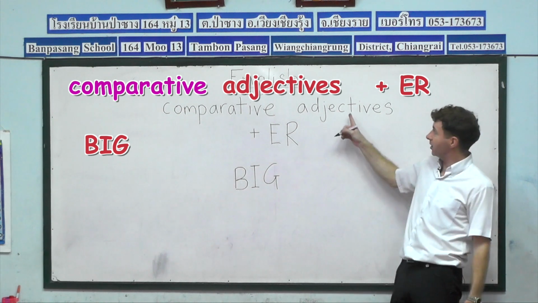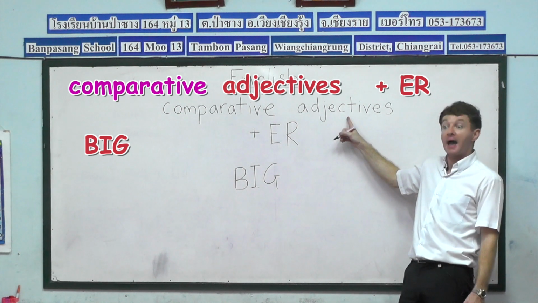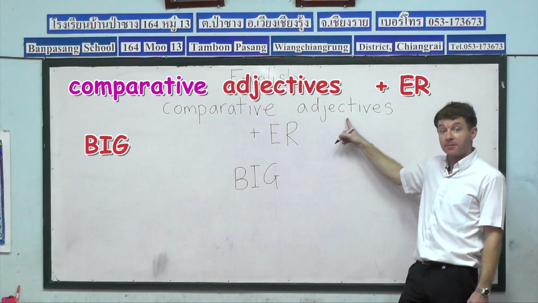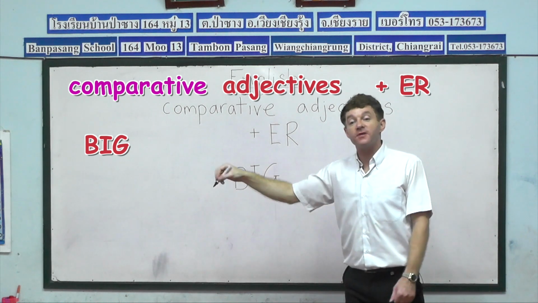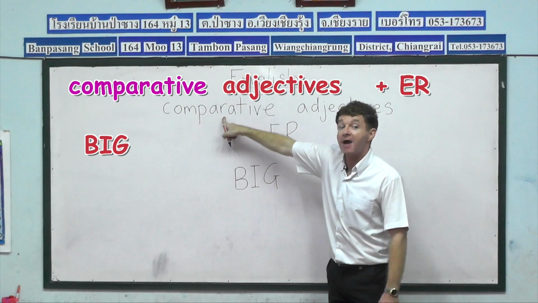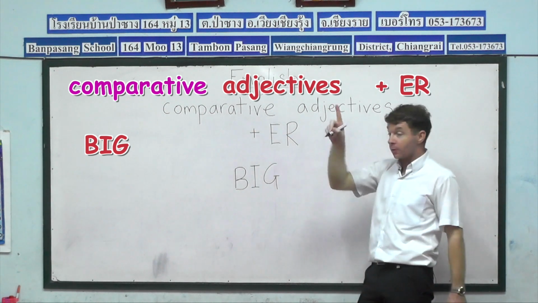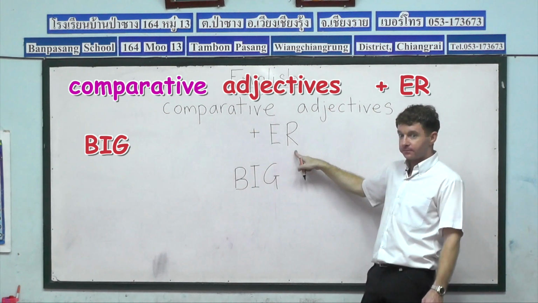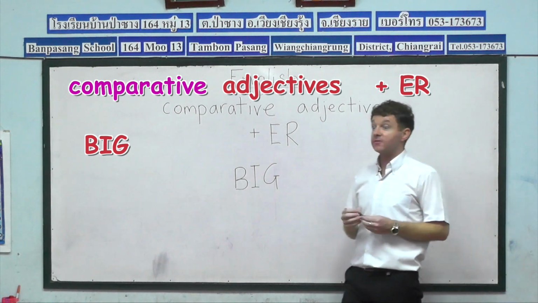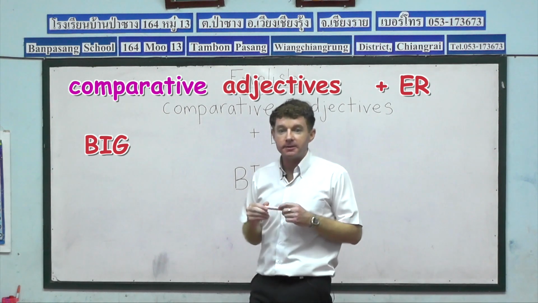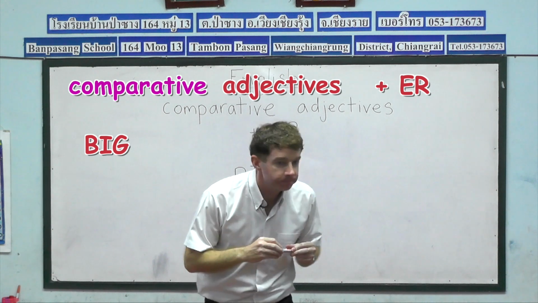What type of word is big? Adjective. It's a describing word. But now we want to turn it into comparative. So we have to add ER. But there's another letter we need to add before. So let's see who can do for me.